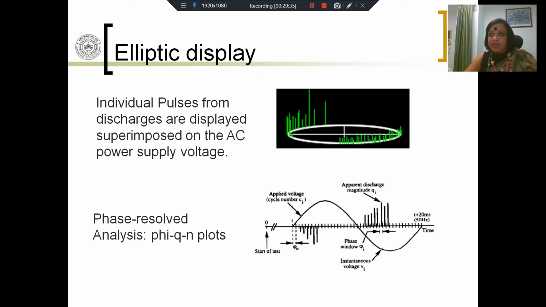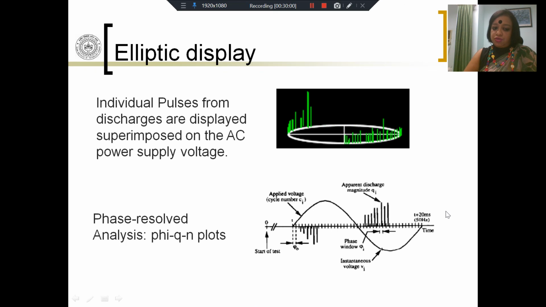Of course, you have to make sure that over these cycles, the signature does not change. So the phi-QN plot gives me a signature of the kind of PD that is happening. The PD is characterized by the phi-QN plot: on average, N pulses of Q magnitude at phase phi, and you have that for every phi.